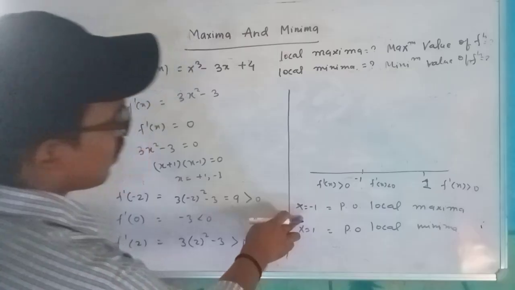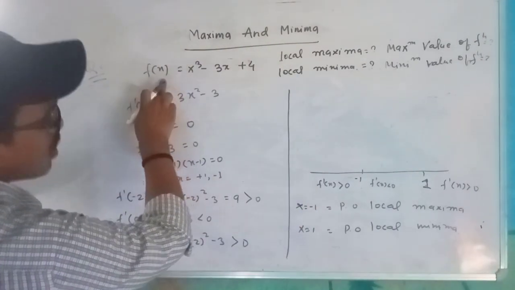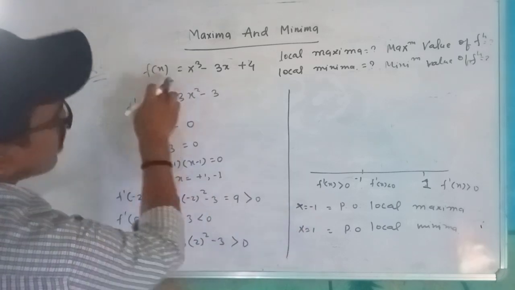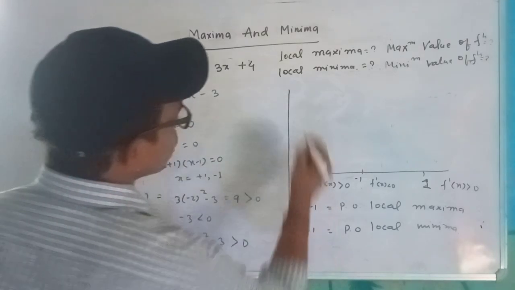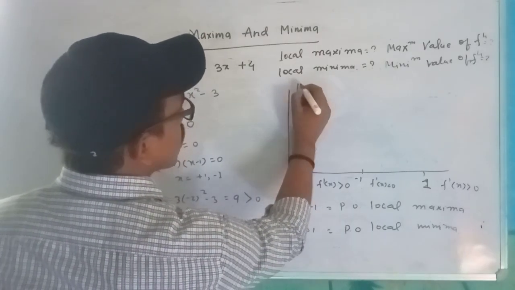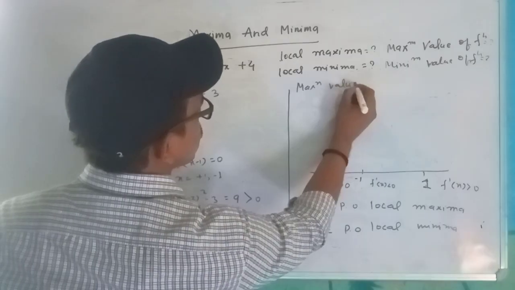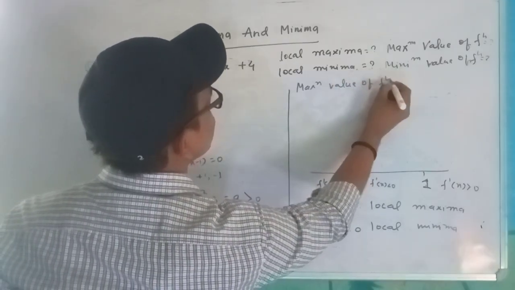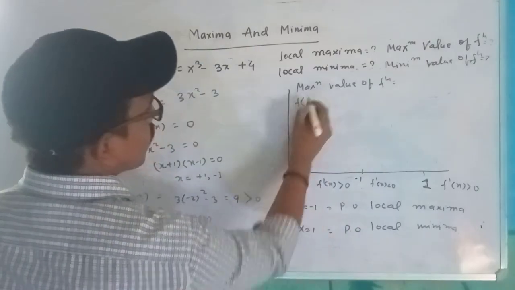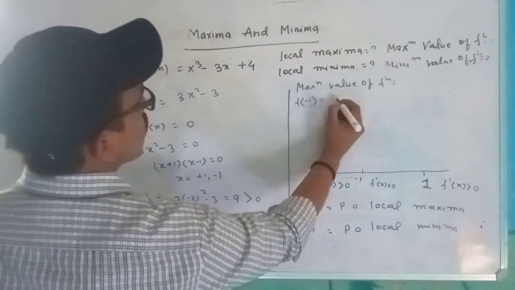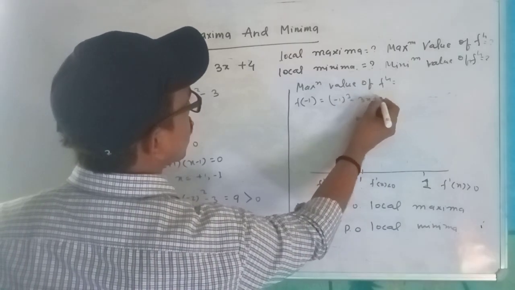Just put the point of local maxima in the function and we will get the maximum value of the function, and put x is equal to 1 in the function and we will get the minimum value of the function.